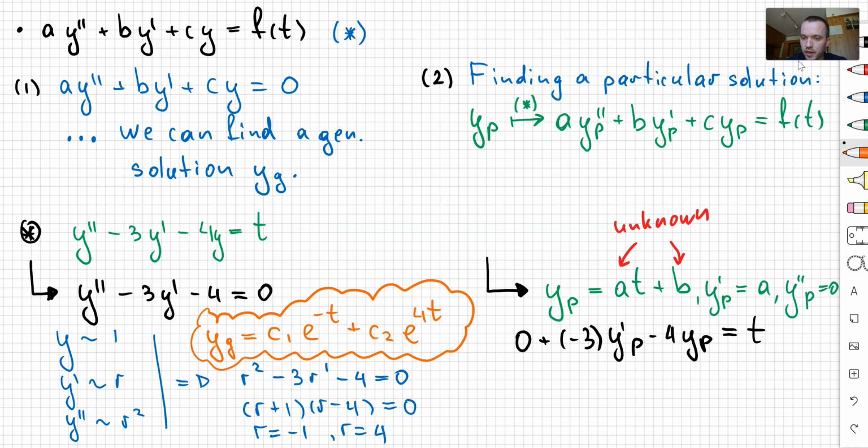So if I plug that in, I'm going to obtain minus 3 times a minus 4 times at plus b is equal to t. And then what I'm going to obtain is minus 4at minus 4b minus 3a is equal to t.